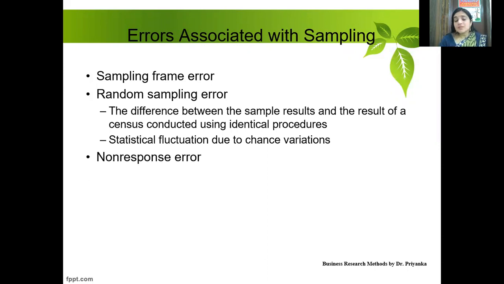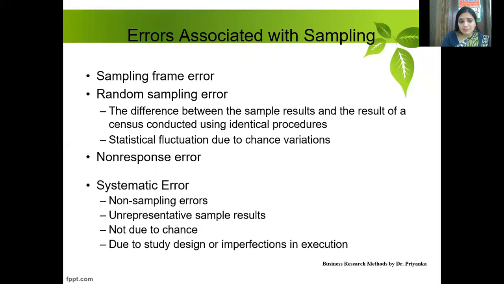People who do not give you a response were also part of the sample, right? Either you eliminate them properly and include some more items in the sample, or you include them with zero response. Both of these create some error in the sampling.